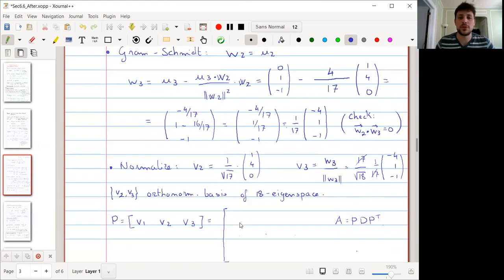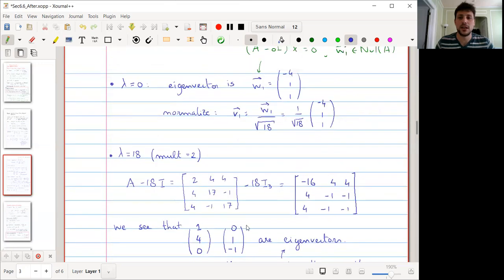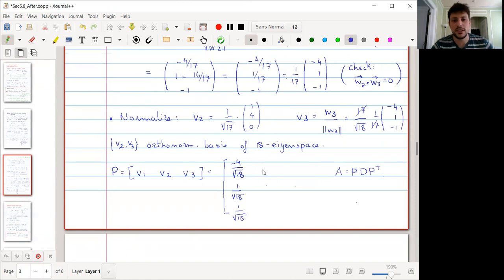When I put them together in this matrix, let me go back and check what they are. 1 over root of 18 times -4, 1, 1. So I get -4 over root of 18, 1 over root of 18, 1 over root of 18. That's my V1. Then I'll have V2, which I've written here.